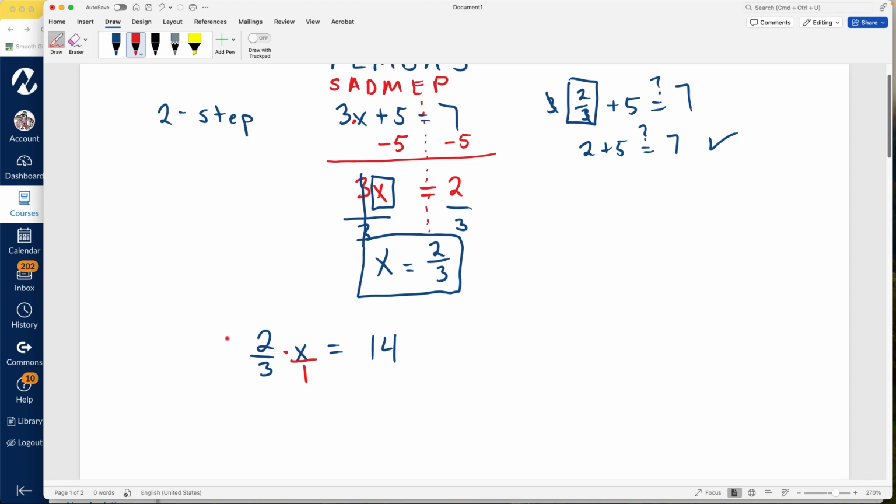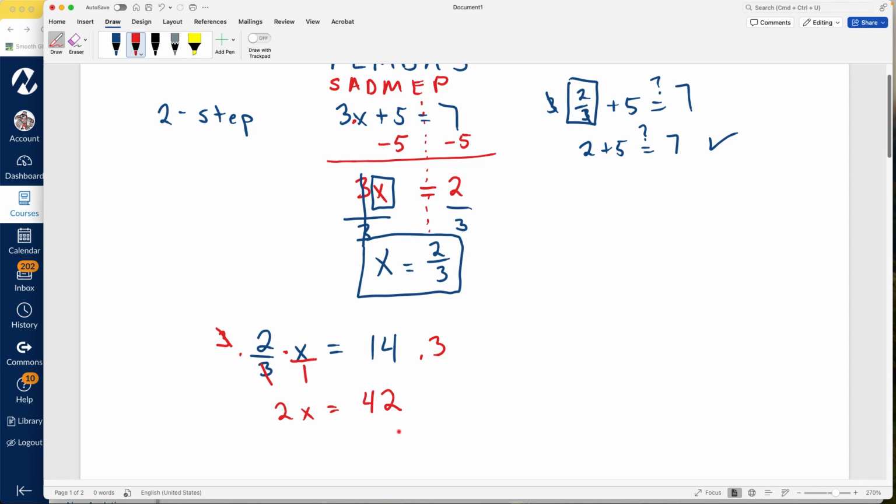So maybe I want to undo the 3, so I can multiply both sides by 3 first. 3 divided by 3 is 1. So then I've got 2x. 14 times 3, that's a big number. That's 12. 3, carry the 1, 40, 42.